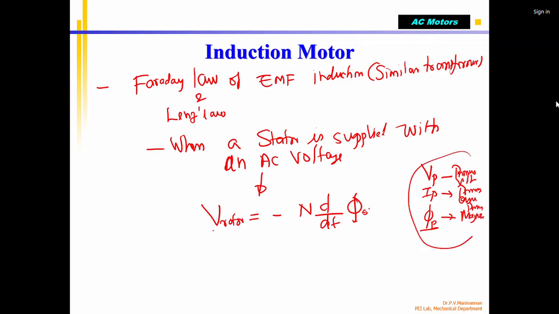Same thing here also. Because of this, there is a secondary voltage Vs. Vs equals the transformer ratio times Vp. Already we know that. And Is will be there. Is equals Vs divided by Z. Z is the impedance of the secondary coil.